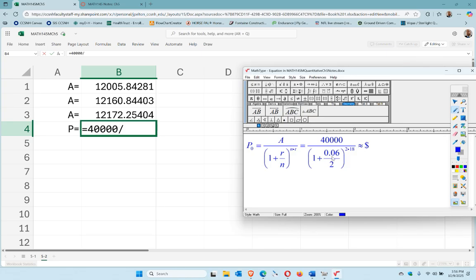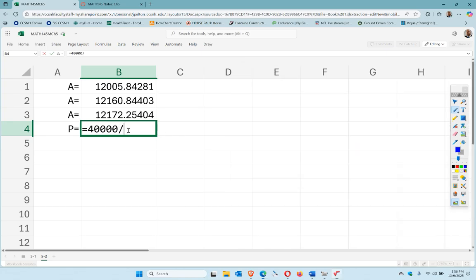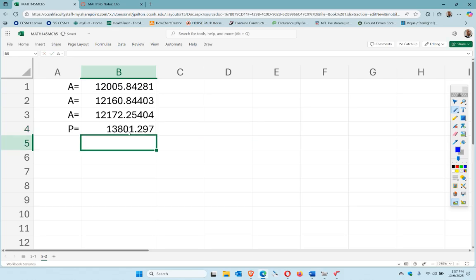That's going to take a lot of work there. So I have a couple choices here. Parentheses 1 plus 0.06 divided by 2, and you can do the power of, that's 2 times 18, that's 36. That should work. That's one way to do it.